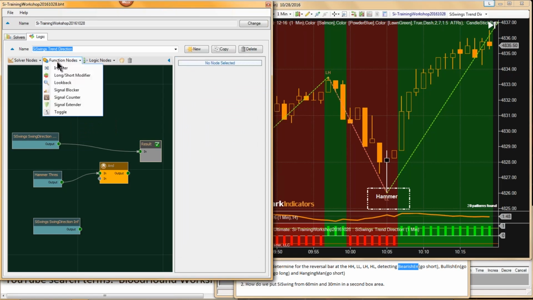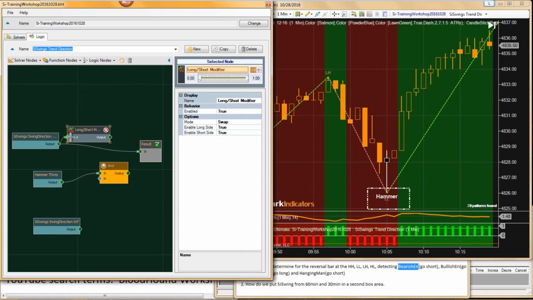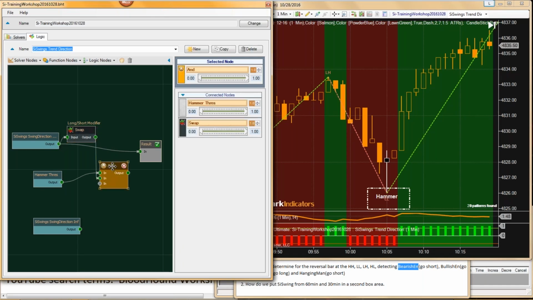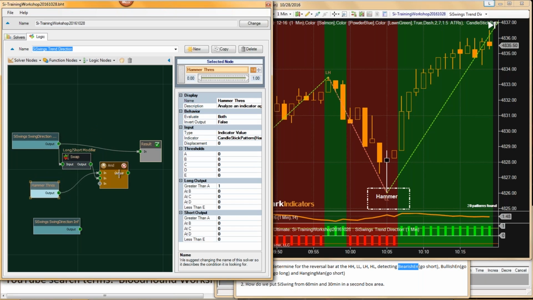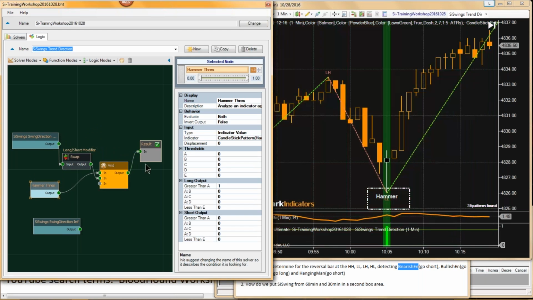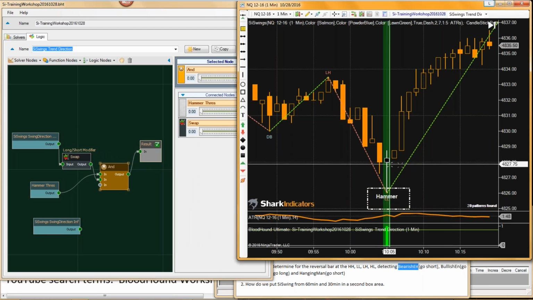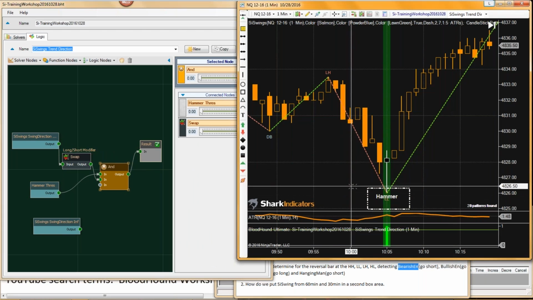And oops, shoot, I hit the cancel little button just by accident there. Now we'll plug that into the AND node. There. And so there we go. Now we got our hammer confirmed with a downtrend.